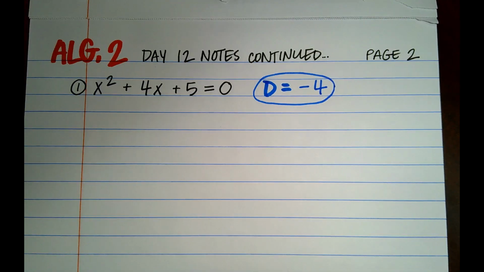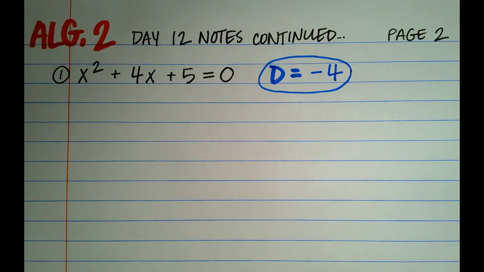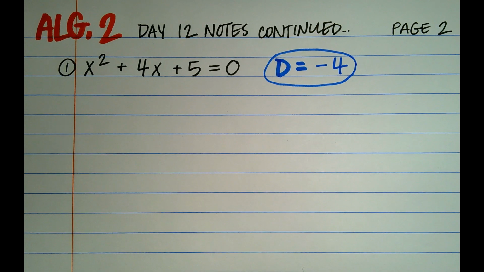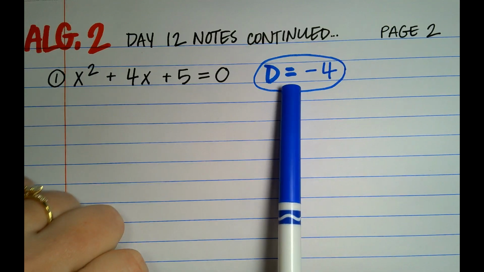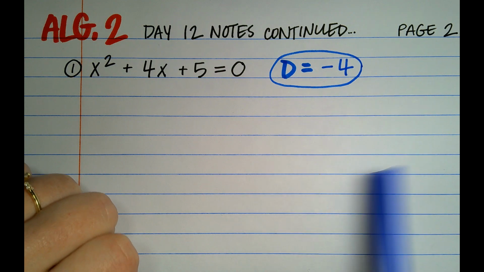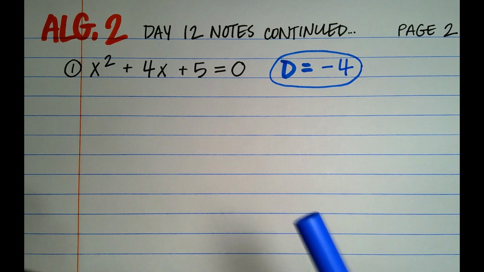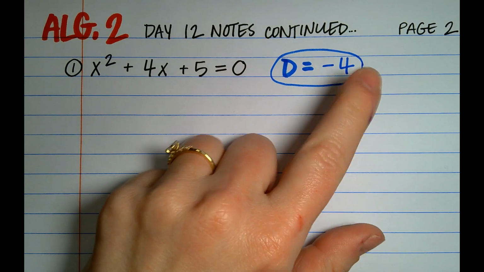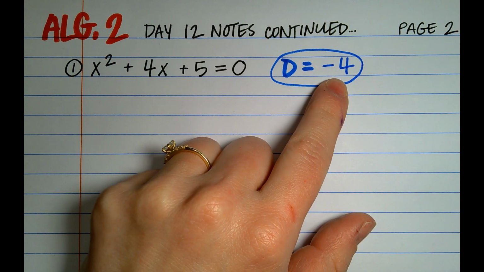Now, in terms of the quadratic formula, x equals negative b plus or minus the square root of b squared minus 4ac all over 2a. What is the discriminant in that formula? Where does it go in the formula? Under the square root. Perfect. So instead of having to solve this all over again, we already have the number under the square root. It'll be negative 4.